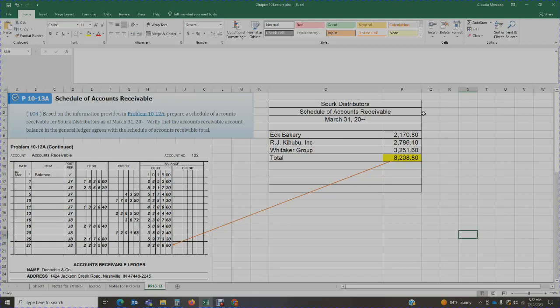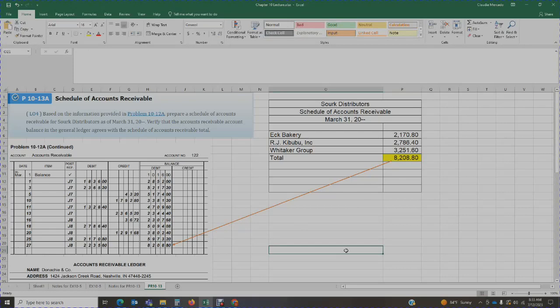Now, management is going to get this schedule of accounts receivable, and all they're going to see is these three items: Eck Bakery, Kibubu, and Whittaker. These are the three people that owe us money, and this is the total that is owed to us. So we need to go out there and collect from these three customers. The total on your schedule of accounts receivable needs to equal the total of your accounts receivable general ledger.